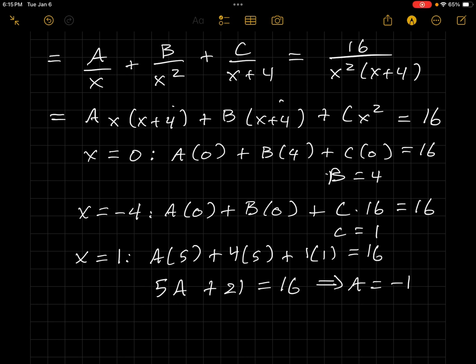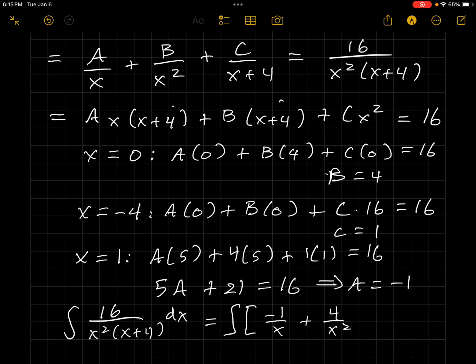So the integral 16 over x squared times x plus 4 can be written as the integral of a, negative 1 over x, plus b, 4 over x squared, plus c, 1 over x plus 4.